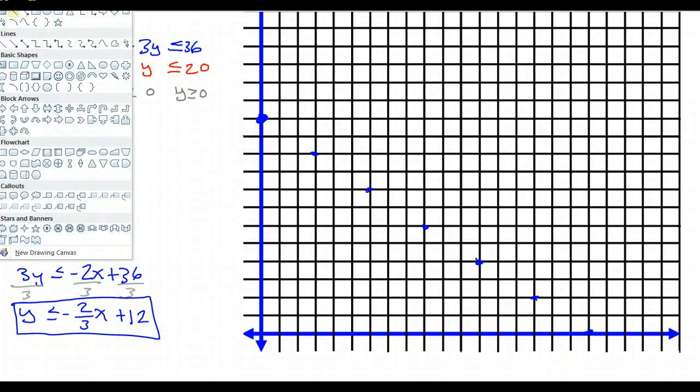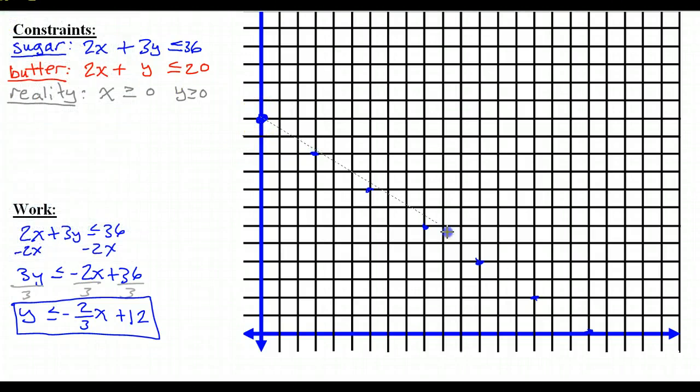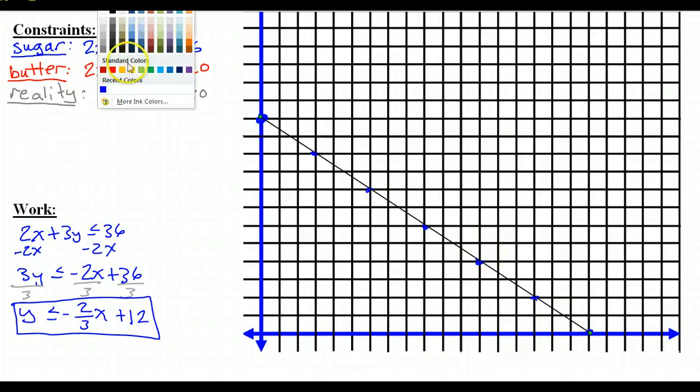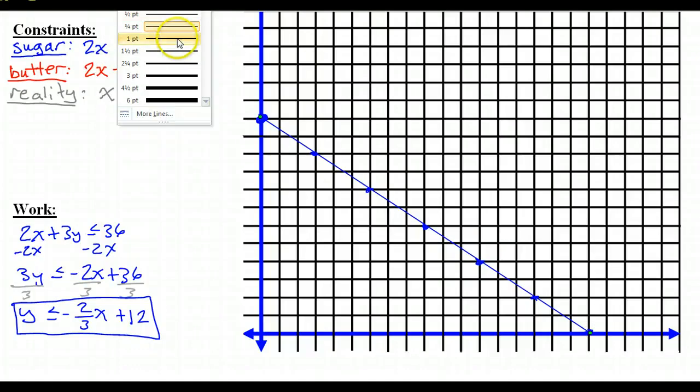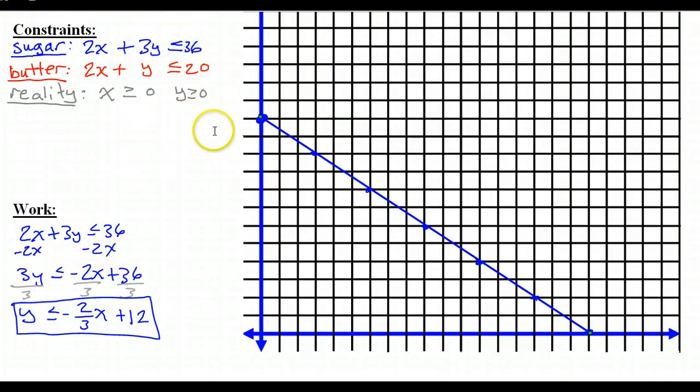I hate it when I miss. So that's going to be like this. Let's make it blue, and a little bit bigger. This is less than or equal to, so I'm going to put the grass, that little bit of shading, on the below side of this line, just enough to remind me to stay on this side of the line.